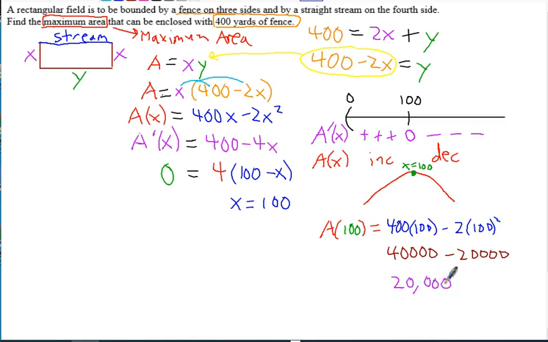And the units here for area, since fence is in yards, area is two-dimensional, so this would be yards squared. So that's the maximum area of this rectangular field. All right, let's take a look at the next example.